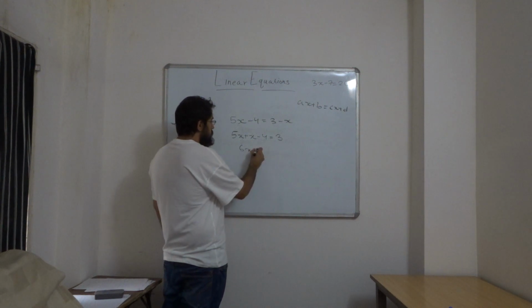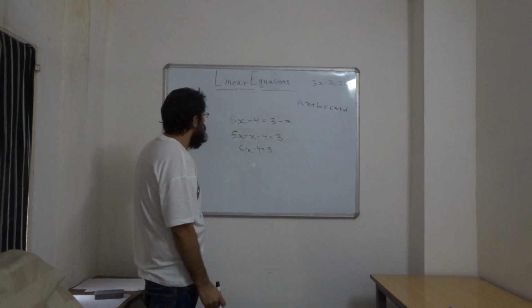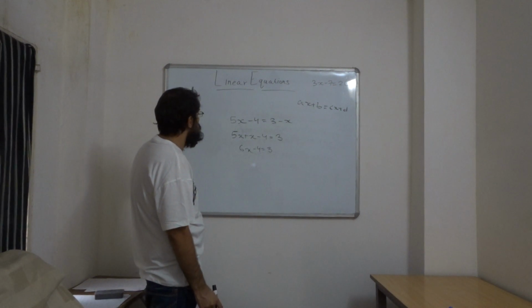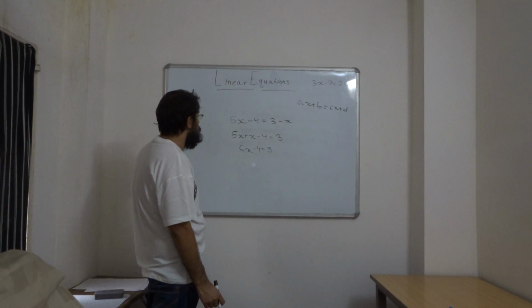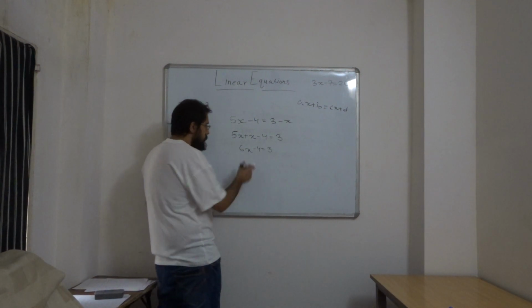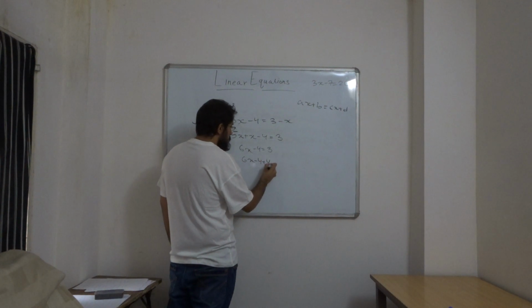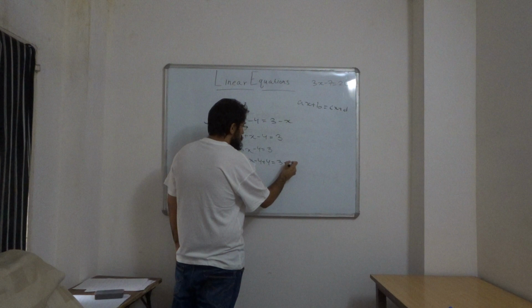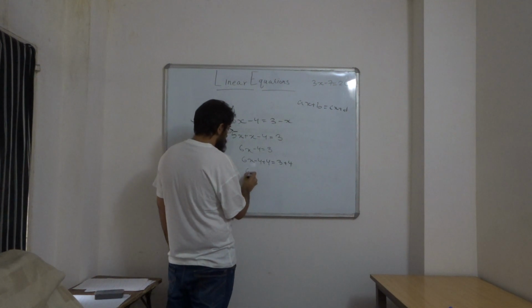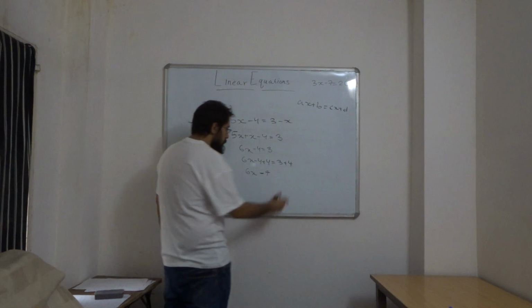You have 6x minus 4 equals 3. So obviously, what are you going to do now? I'm sure all of you know what to do from here. 6x minus 4 plus 4 equals 3 plus 4. So 6x equals 7.